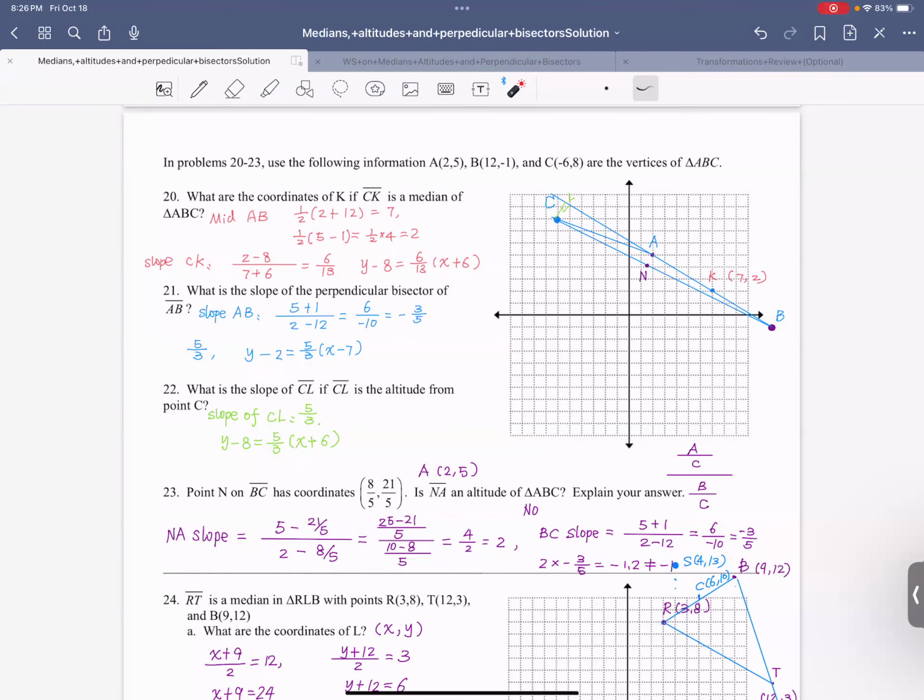Finish drawing this and then search for the coordinates of K.